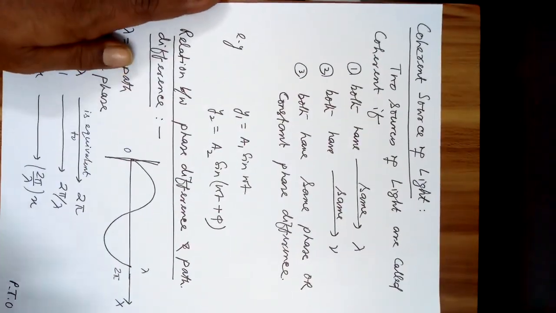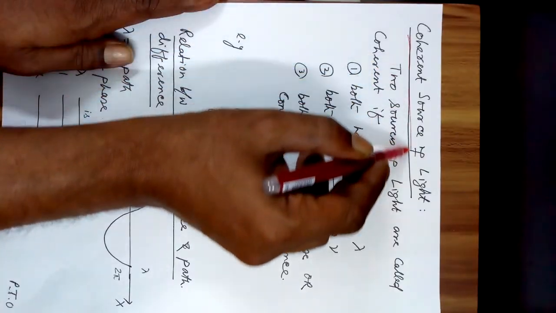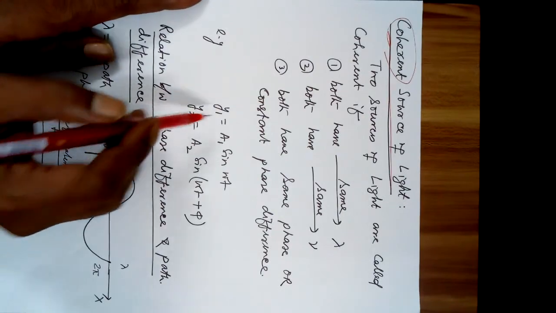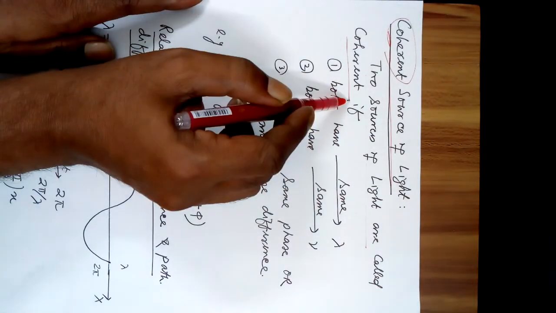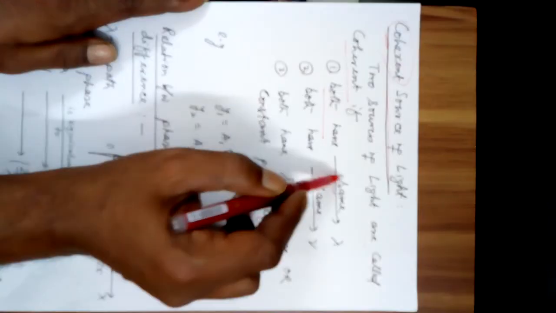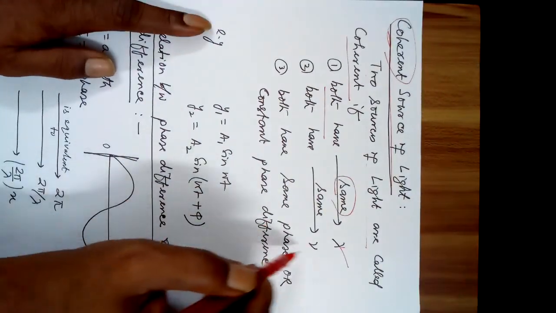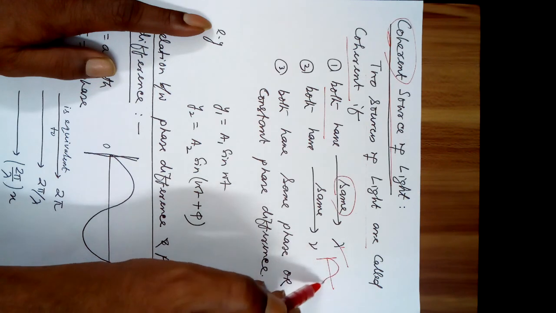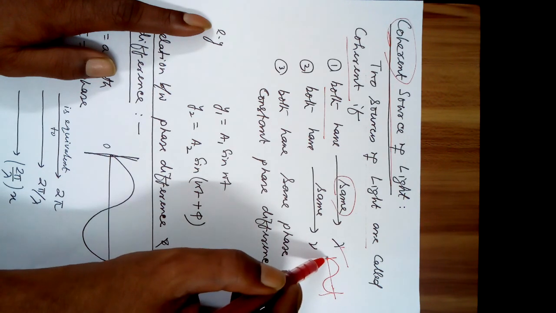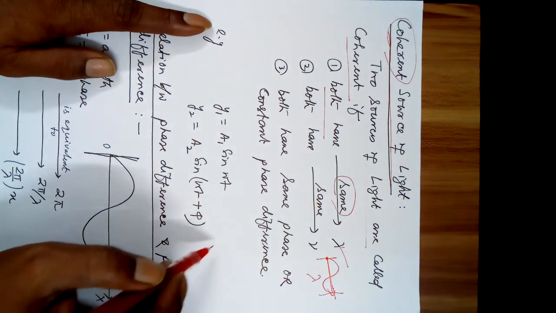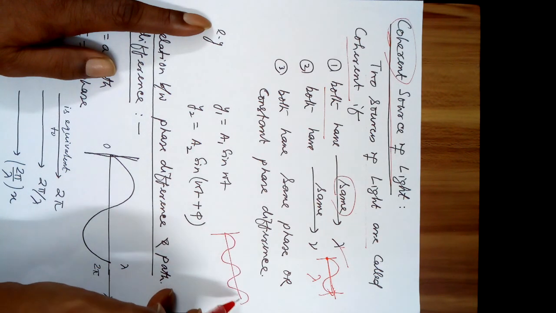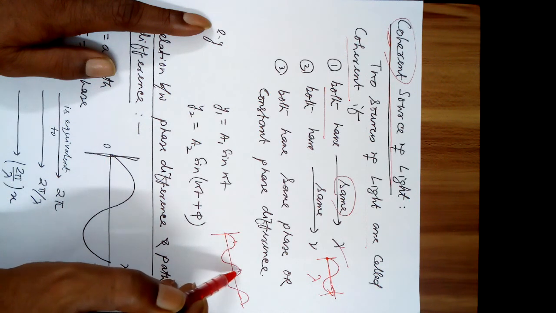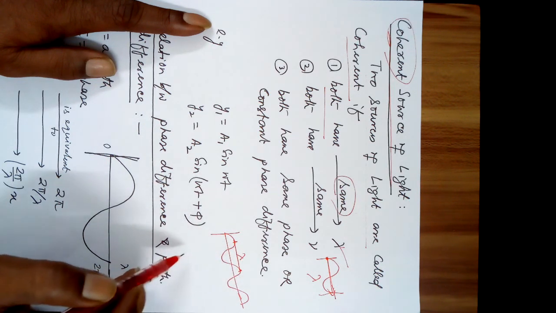Now coming back to coherent source of light. Coherent means identical. Now there are two sources of light. Two sources of light are called coherent if both have the same wavelength, and wavelength you know is the distance from this point to this point, lambda, or you can say the distance from this crest to crest is also lambda.